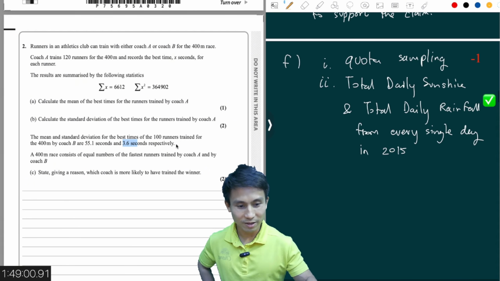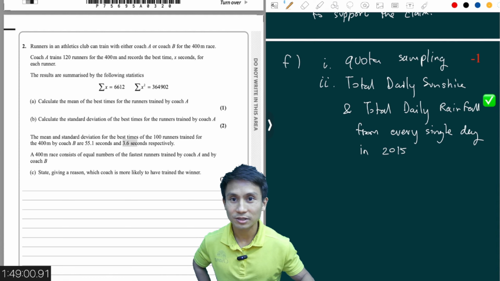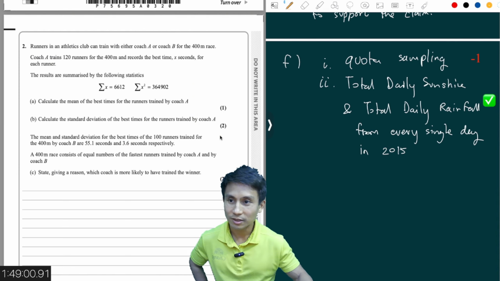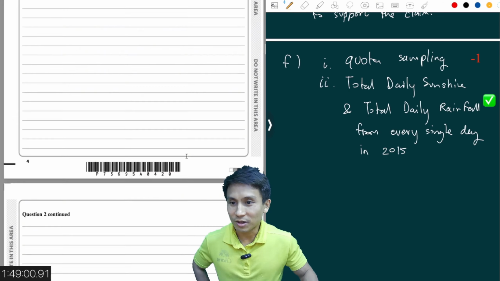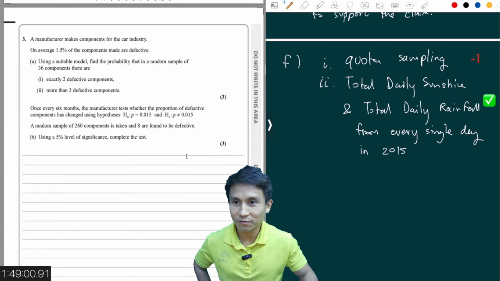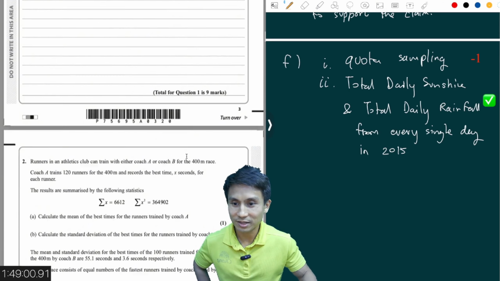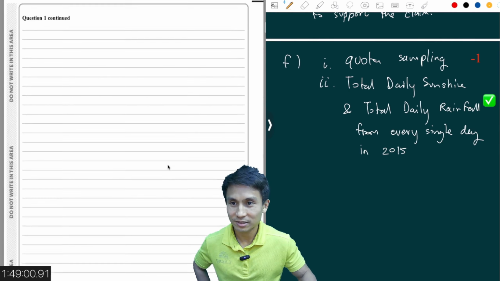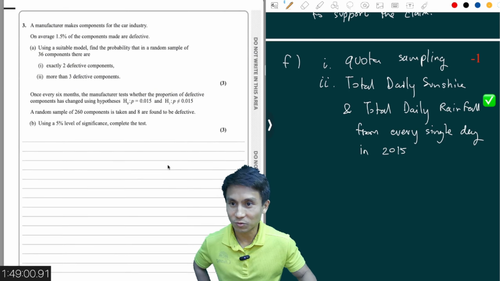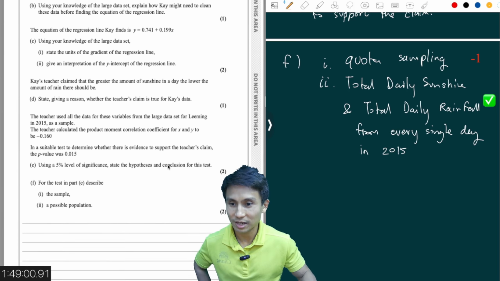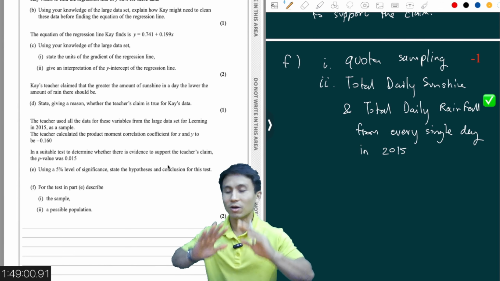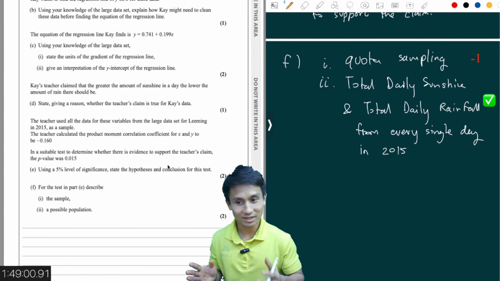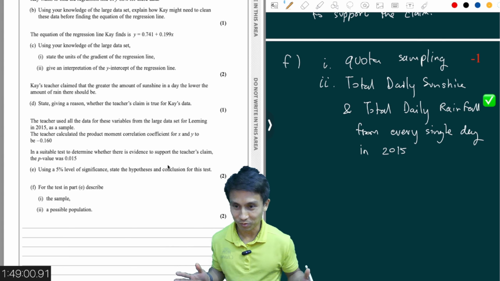So for part F, yeah, I overthought too much about the type of sampling. Wait, where's this again? This is question 4. So describe the sample. We just describe what data are taken to be the sample.